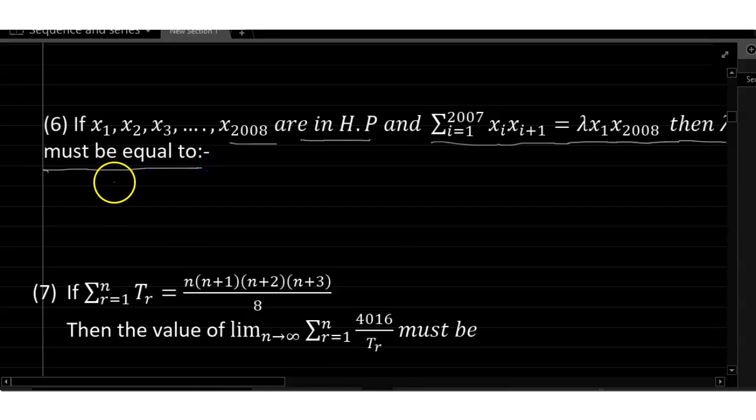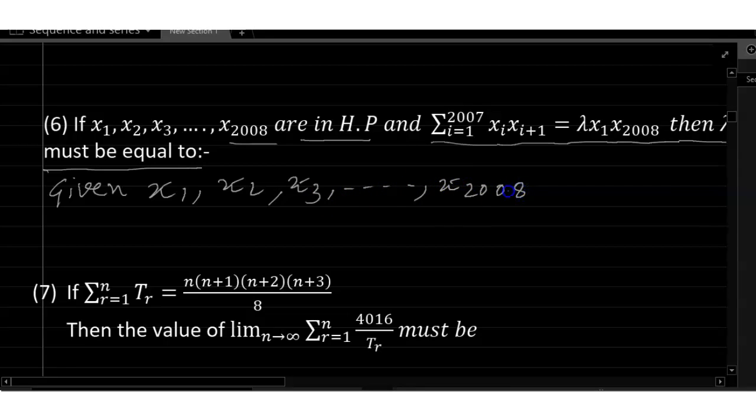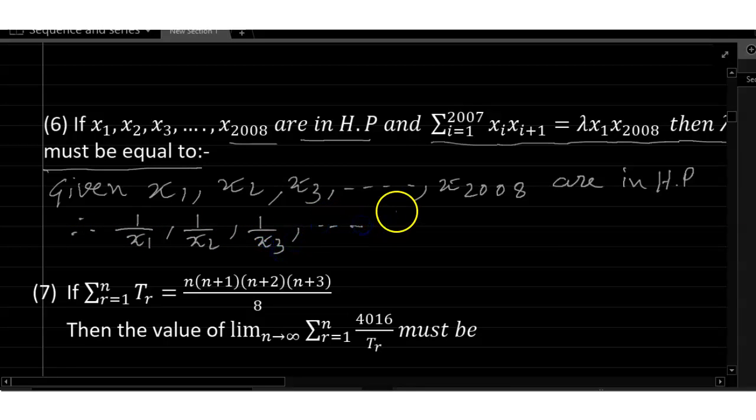So friends, given problem is x1, x2, x3 up to x2008. They are in HP, so 1 by x1, 1 by x2, 1 by x3 up to 1 by x2008 are in AP.